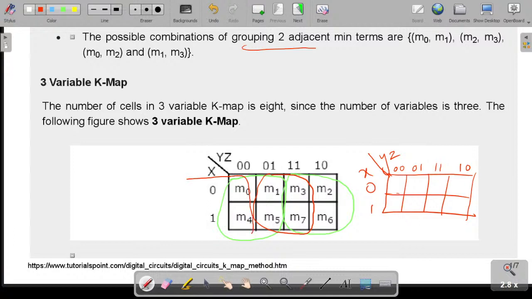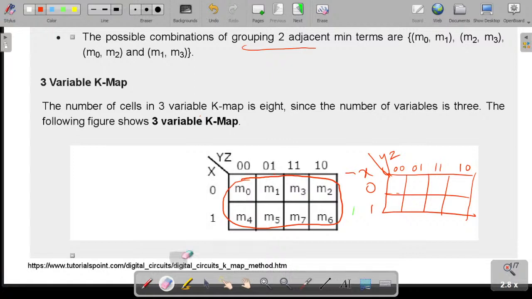Another is these two and these two. Likewise there are 4 ways we can make a grouping. So for 4 adjacent terms there are 4 ways, and for 8 terms there is only one.